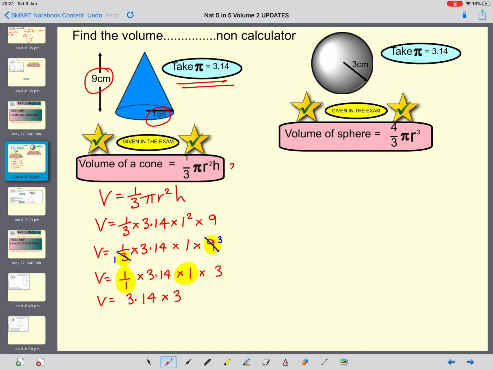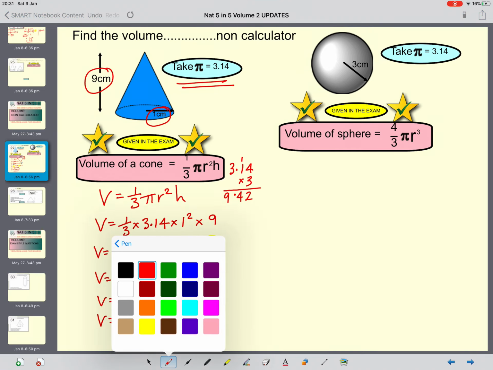If you want to do a little bit of working at the side, 3.14 multiplied by 3, you get 12, 1, 3, 4, put the decimal point in, 3 times 3 is 9. The volume is 9.42. It's volume, so it's centimetres cubed. So just think about how you can simplify this without a calculator.